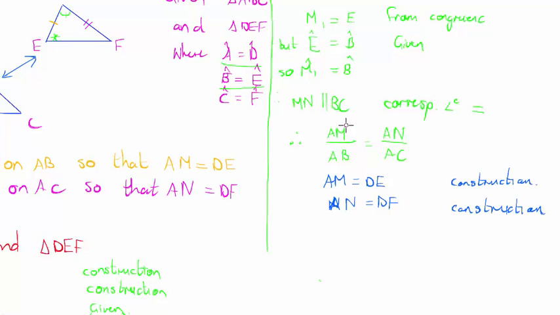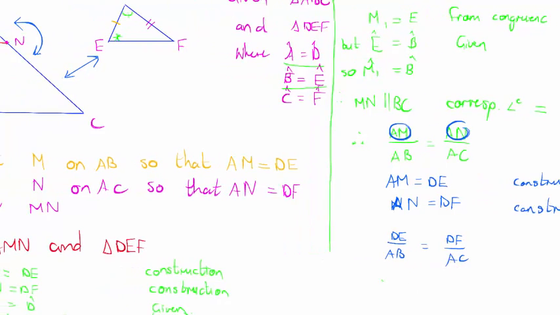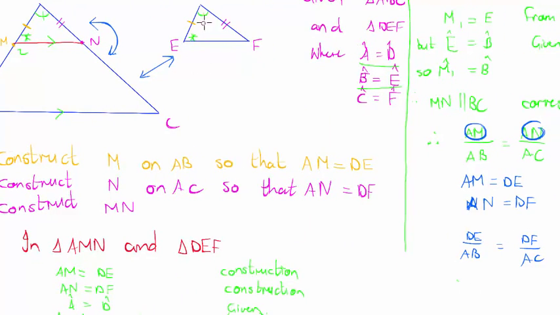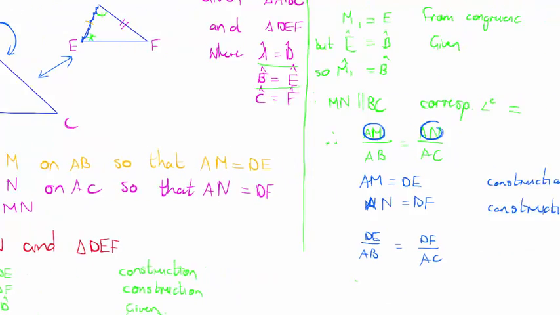So I can just replace these two values now with DE over AB is equal to DF over AC. And so I've shown that this divided by that is equal to, and you actually need to just change the order a little bit.